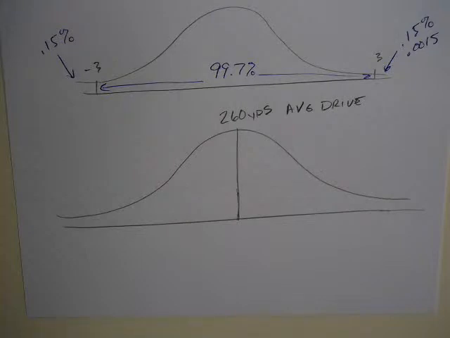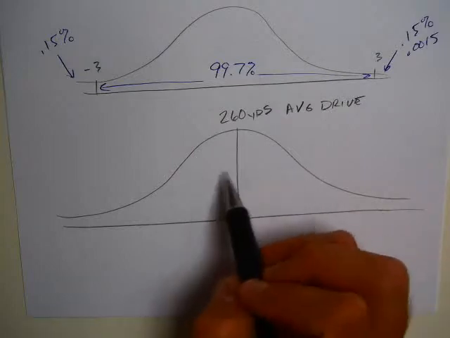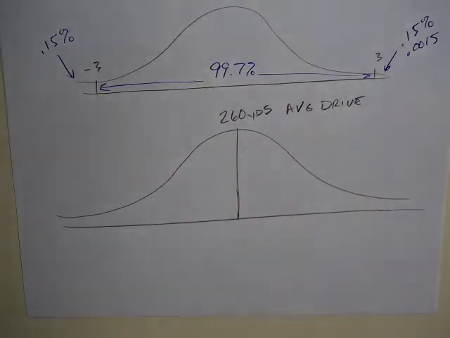How much? Yeah, what's the probability? So 50% of his drives go more than 260 yards, and 50% of his drives go less than 260 yards. What's that? Zero. That's right. It approaches zero.